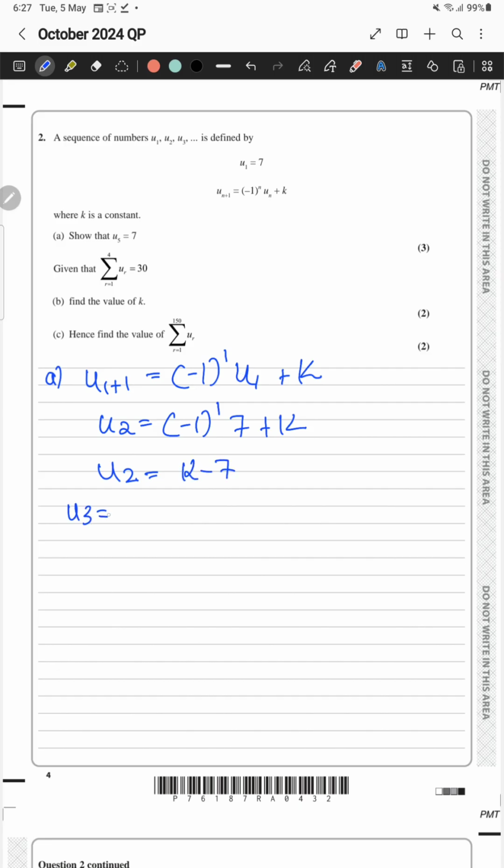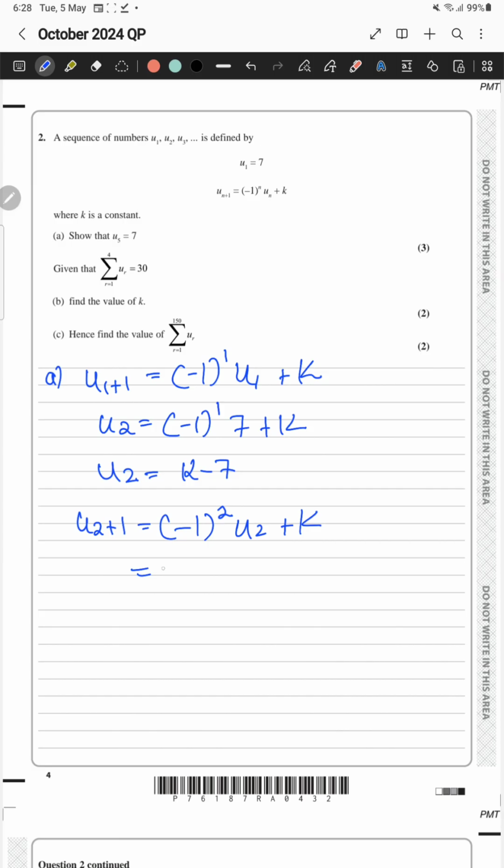Now let's find u3. Now u3 is basically going to be u(2+1), which is minus 1 to the power of 2, times u2 plus k.